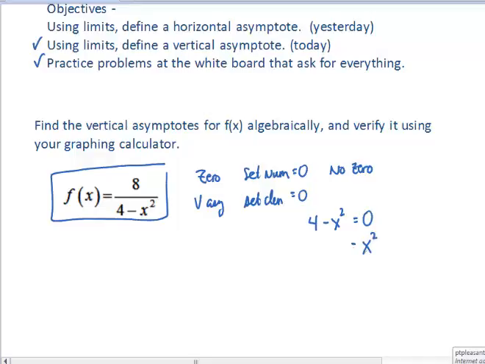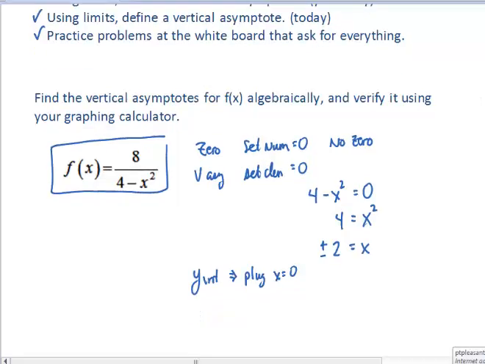We would have x squared equals 4. Two vertical asymptotes we found at plus or minus 2. And then we would also be identifying a y-intercept, which is found when you plug x equals 0 into the equation.